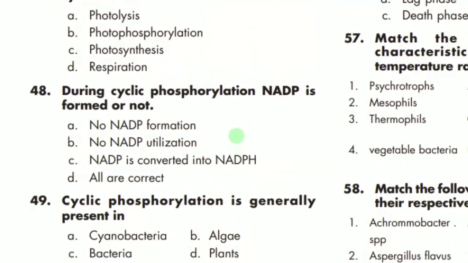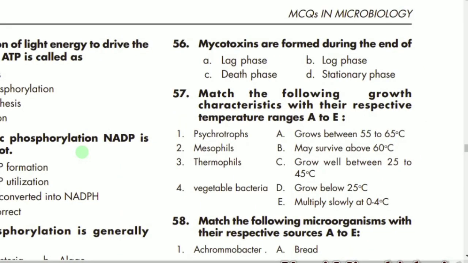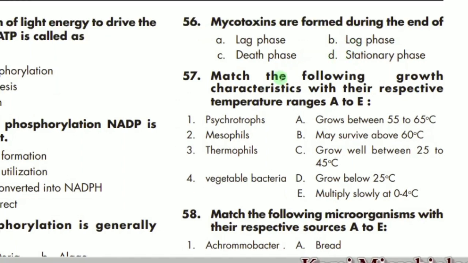Then MCQ number 56 says that mycotoxins are formed during the end of what? It is mostly formed during the end of the log phase. Remember, log phase. Match the following growth characteristics with the respective temperature range.